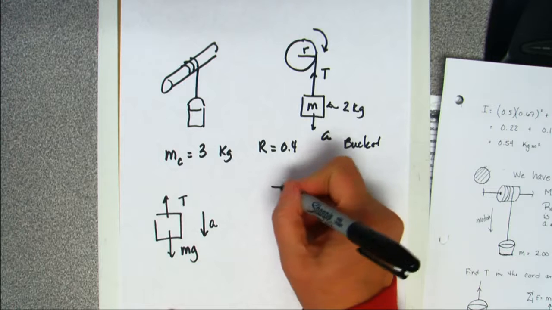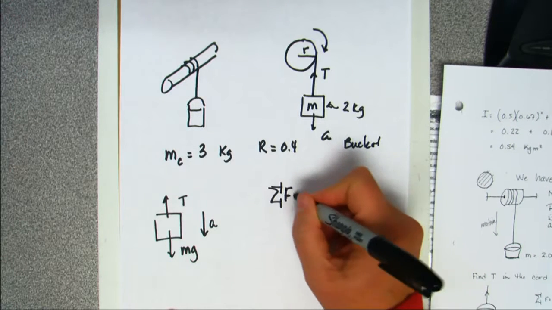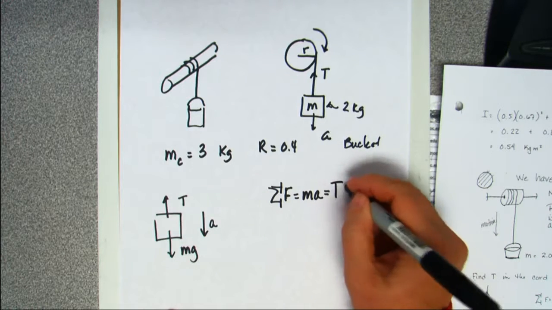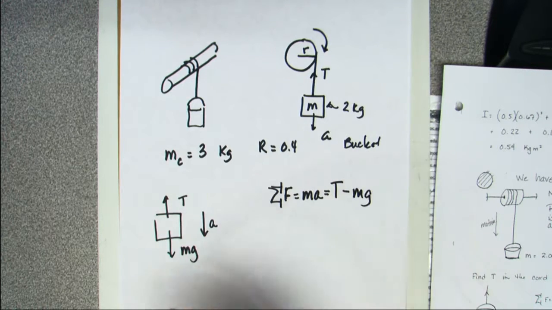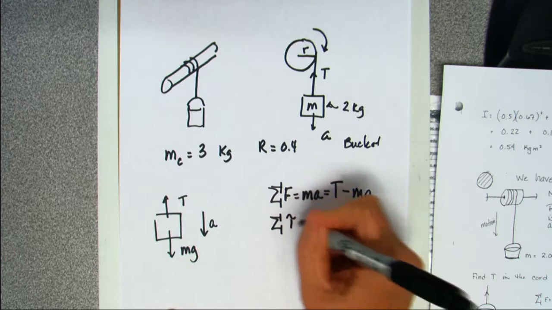My summation of my forces is going to equal mass times acceleration. And I got the tension in the rope minus mg, and we've seen this a few times. Think elevator. We did that elevator problem. But now I've got a rotation in the system, so I'm also going to get a summation of torques.